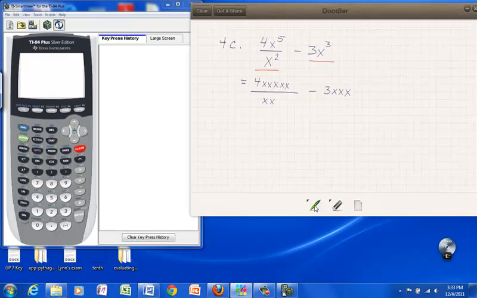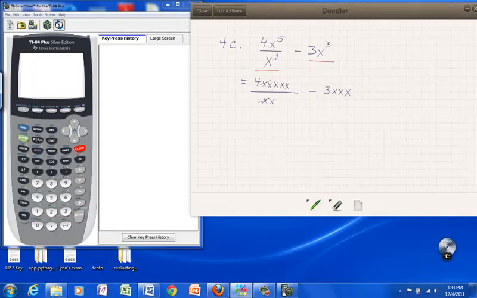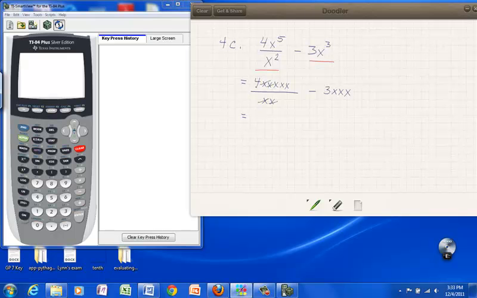In this expression, I'll want to cancel some things. One of the x's cancels, another one of the x's cancels. That's about it. So I end up with 4x to the 3rd over 1. And this is 3x to the 3rd. Or I can write that without the over 1.